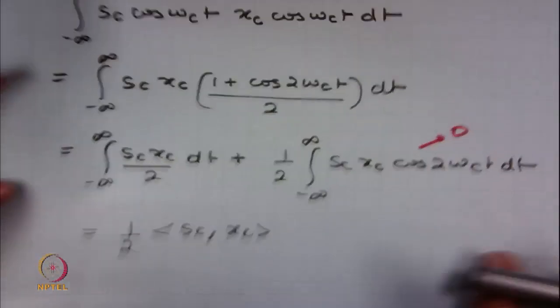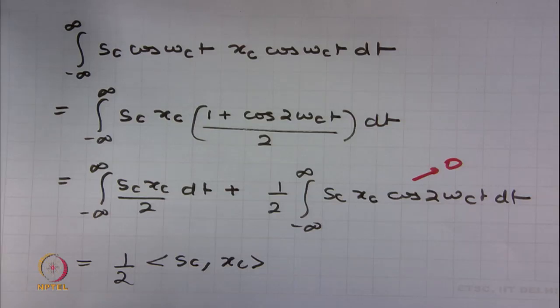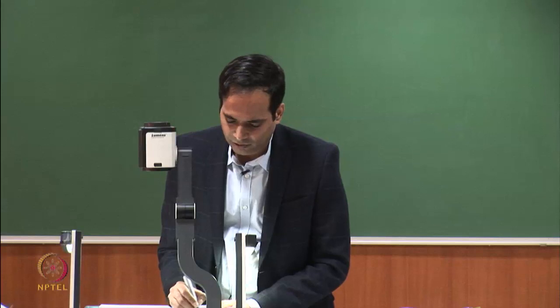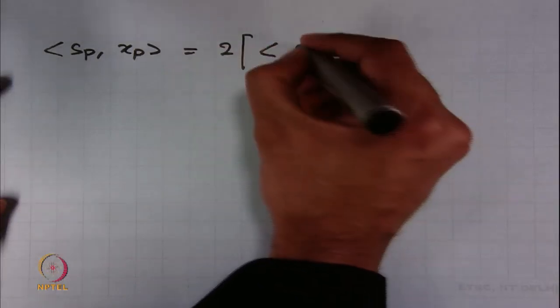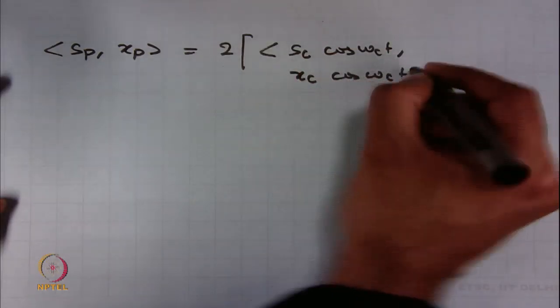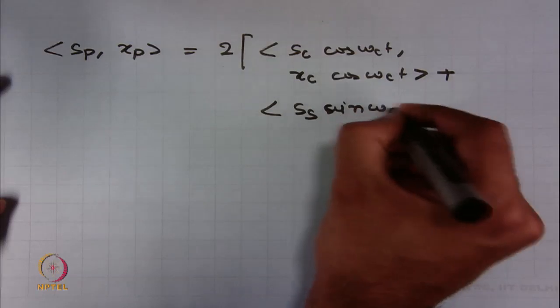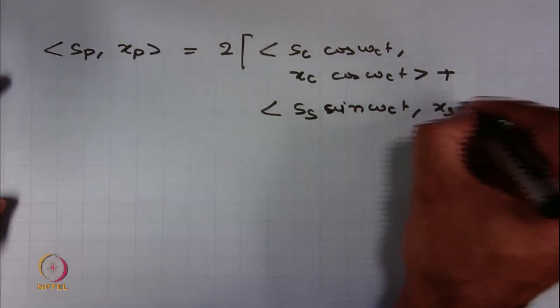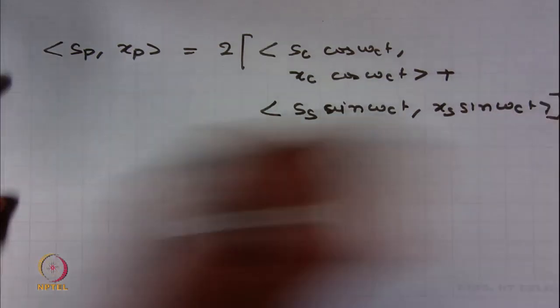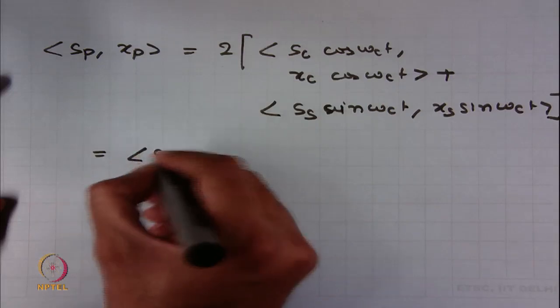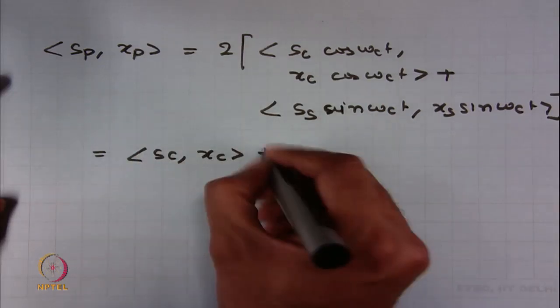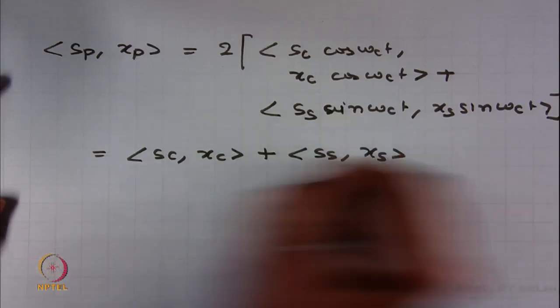So, you can multiply this 2 with half, and what you can simplify is that the inner product of SP with XP, I said it is 2 times the inner product of SC cos omega CT with XC cos omega CT plus the inner product of SS sin omega CT and XS sin omega CT, and this is the SC XC inner product plus the SS XS inner product.